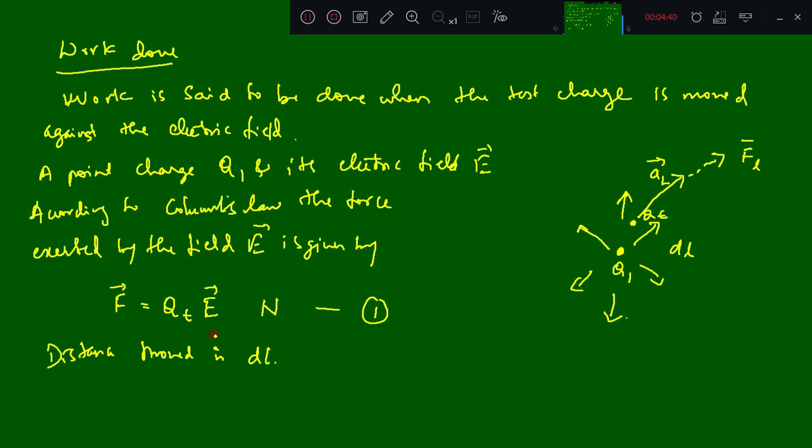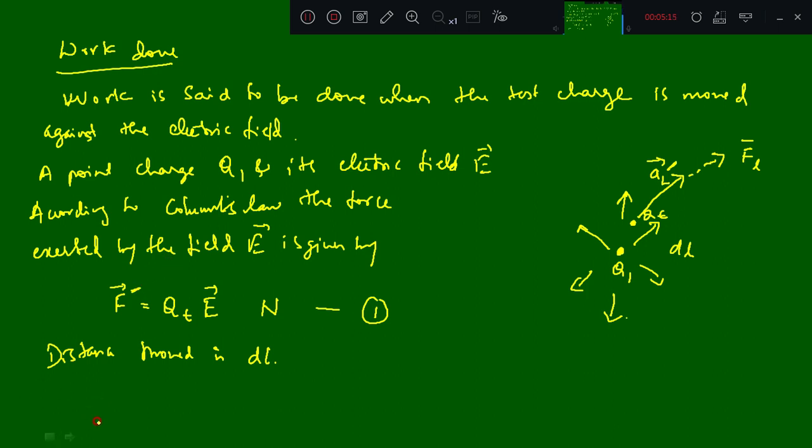Then the component of a vector in the direction of a unit vector is the dot product of the vector with that unit vector. The direction of this force is in the direction of a_L. So this a_L and this force F give the dot product.